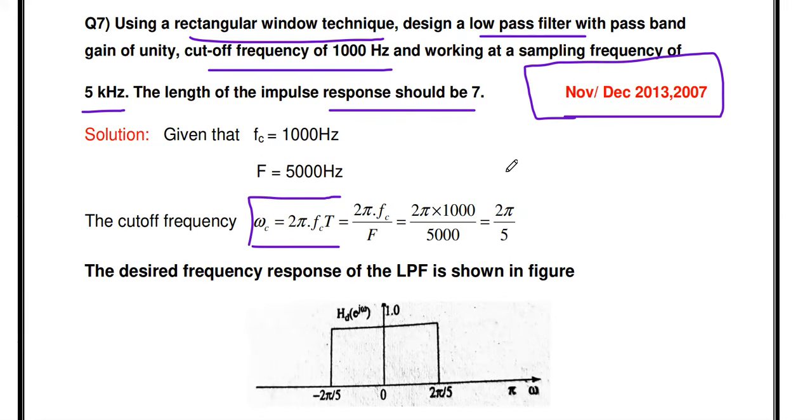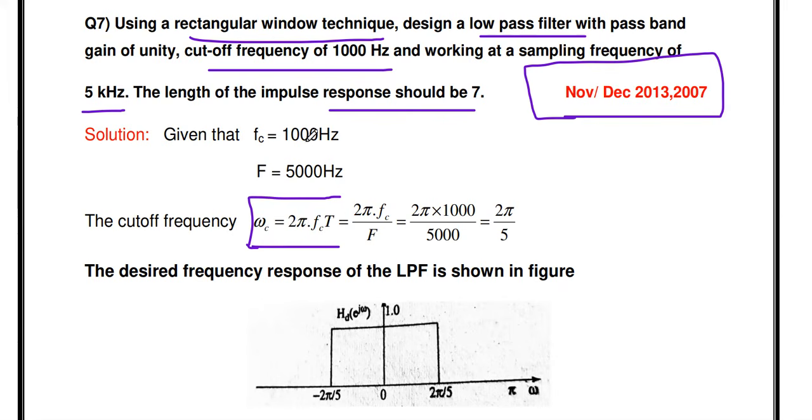Simply, converting hertz to radians means 2 pi times the frequency in hertz, called the radian frequency. Here we want the sampled, digital frequency, so omega c is 2 pi fc into the sampling time.